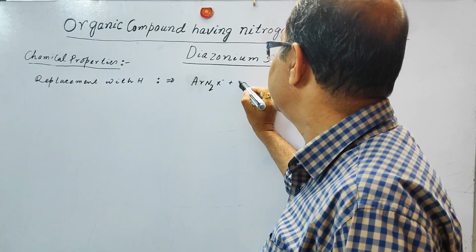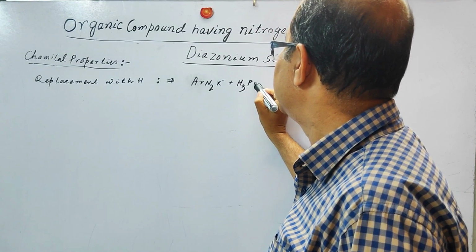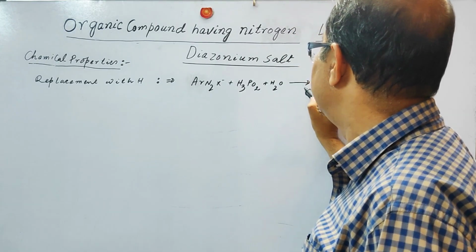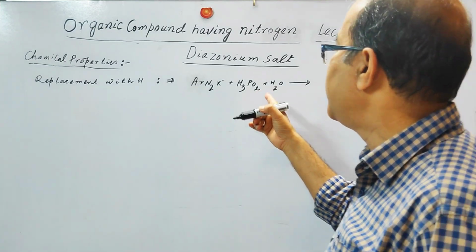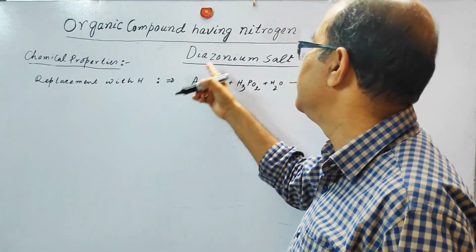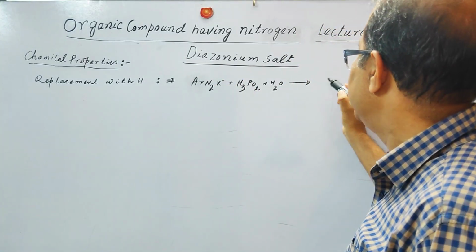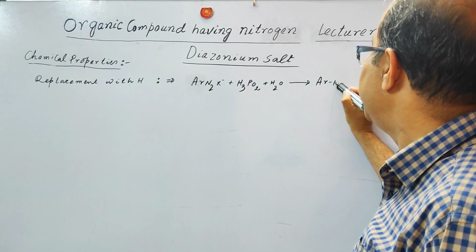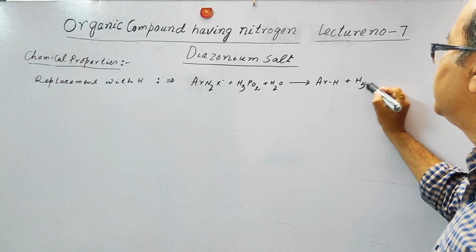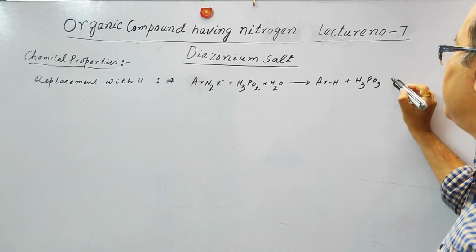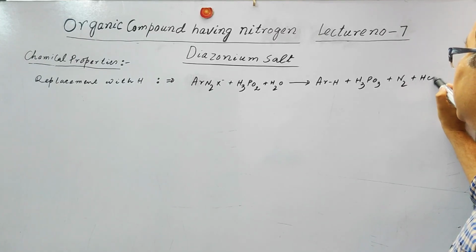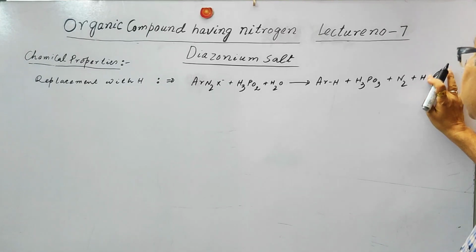When it reacts with hypophosphorus acid, the reducing agent reduces this diazonium salt into the arenes, that is, the hydrocarbons, and it itself is oxidized to phosphorous acid, with N2 and HX.